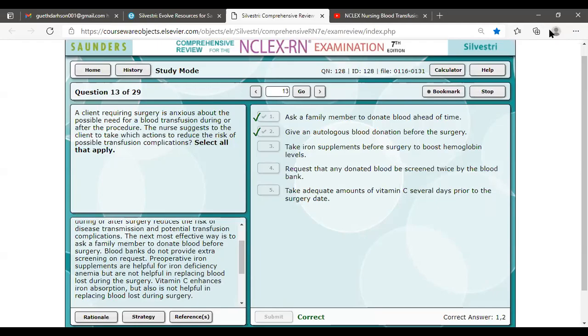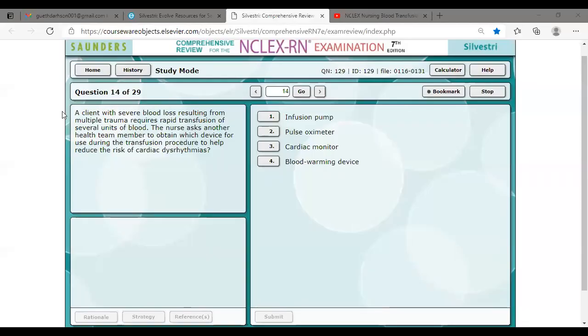What next? A client with severe blood loss resulting from multiple trauma requires rapid transfusion of several units of blood. So you see, this is a very serious condition. The patient has multiple trauma.